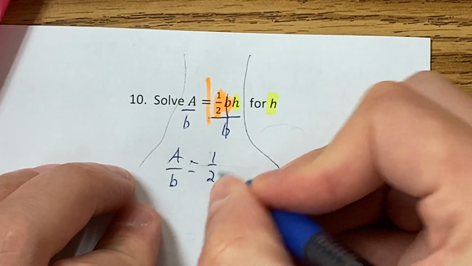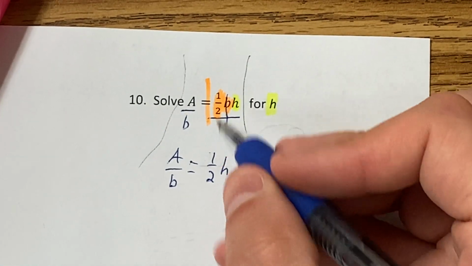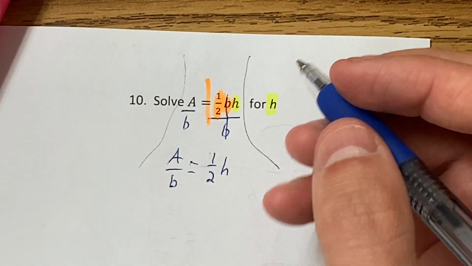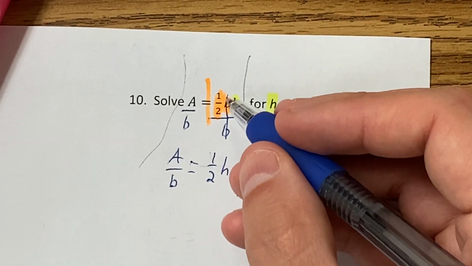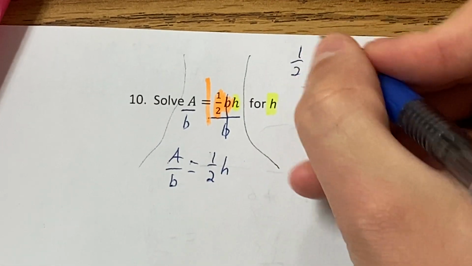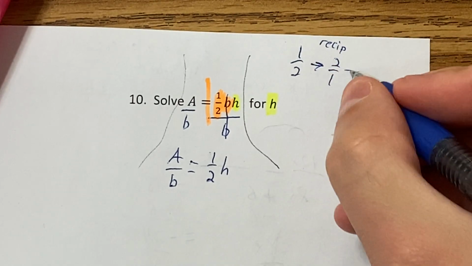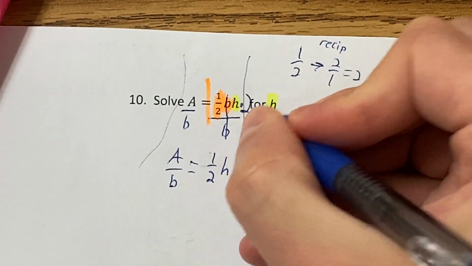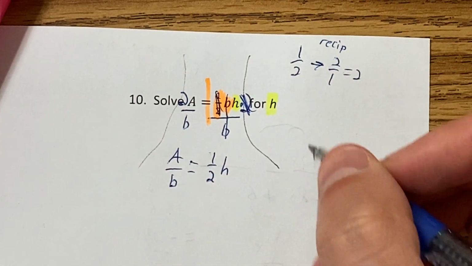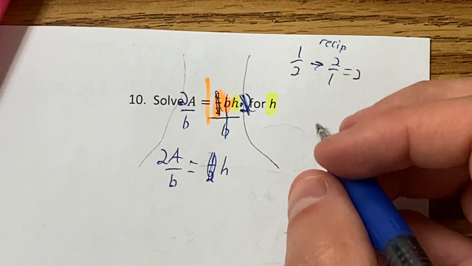But now it's still 1/2 times h, and that doesn't get rid of the 1/2. So you might think divide by a half, and that's technically right, but you don't usually do that. What you're supposed to do is multiply the reciprocal. So right now it's 1/2. The reciprocal would be 2 over 1, or just 2. So if you multiply both sides by 2, then the 2 and the 1/2 go away, and you would end up with 2a over b.